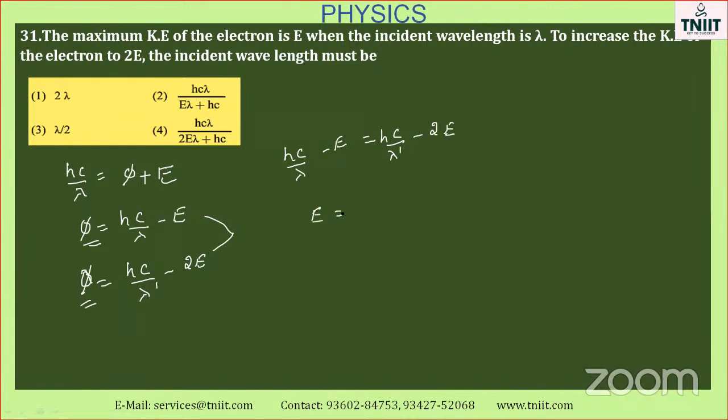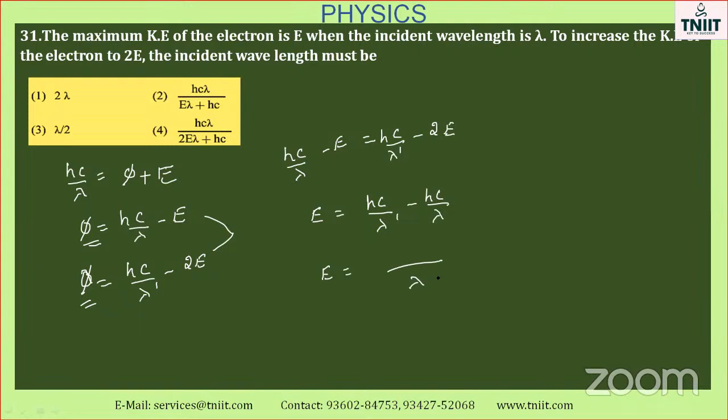Or you can say E is equal to Hc by lambda dash minus Hc by lambda. Now they are asking you to find lambda dash, isn't it? So E is equal to, what happens? You have to simplify for lambda dash.